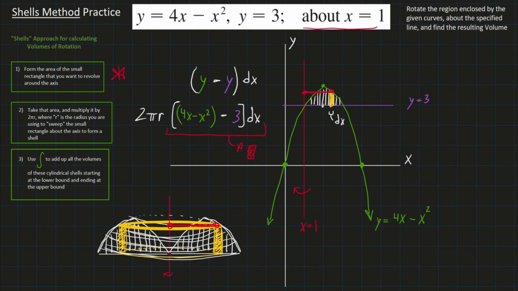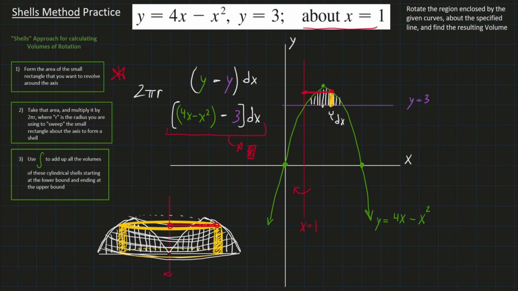Now, notice how this radius is not simply the x-coordinate of this point right here. We've been very used to having the radii be very easy, 2 pi x or 2 pi y. Not in this case.